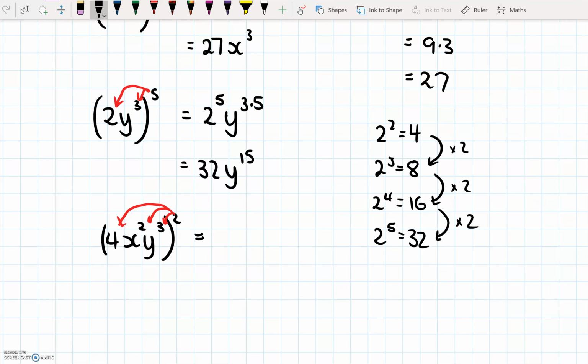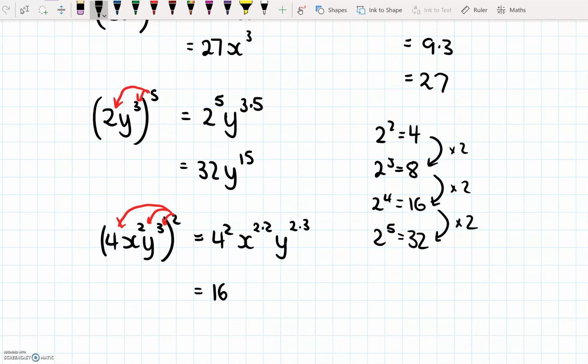So we end up getting here 4 squared times x to the power of 2 times 2, and then y to the power of 2 times 3. Again, be careful that you get that 2 times 3 right, and remember that it's 6, because a lot of people are going to write 5 here. 4 squared is 16, x to the power of 4, y to the power of 6.